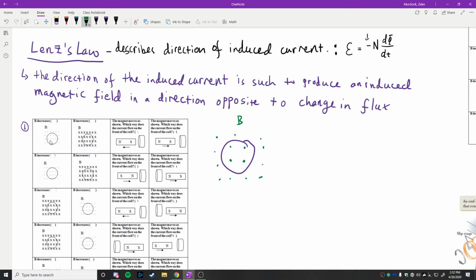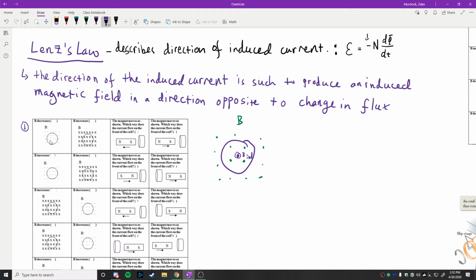The direction of the induced current has to be such that it produces a magnetic field in a direction opposite to the change in flux. So if your magnetic field decreases, what that means is that you're going to get an induced magnetic field in your ring. This is going to be the direction of B induced, opposite to the fact that it's decreasing. Magnetic field decreases, the induced magnetic field is going to point in the same direction.